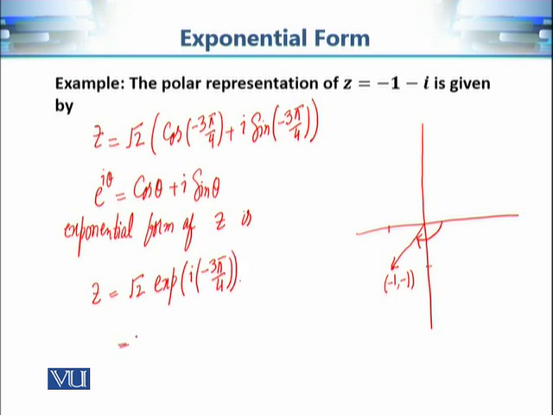Or we can also write it down in the following way: square root 2 e raised to power iota -3 pi by 4, or we can also write it down in the following way: minus iota 3 pi by 4. So this is the exponential form of this complex number.